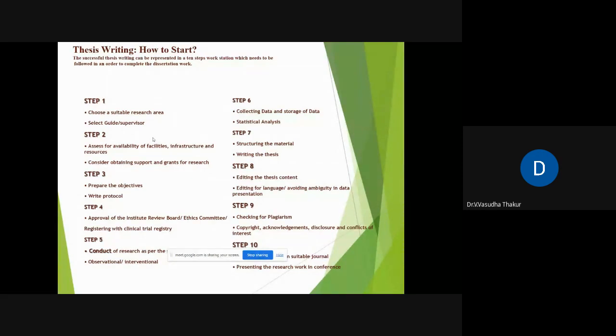Okay, so as a candidate who is submitting the thesis to the university, you can go to the statistics department or to the private institutes where plagiarism software is available, where the whole compilation of your work is uploaded in the software.